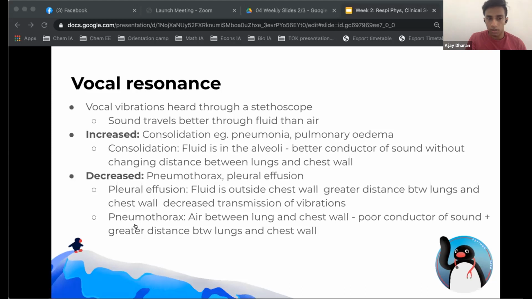Again, air is a poorer conductor of sound, and there's a greater distance between your lungs and your chest wall. So these two are the reasons why there's a decreased vocal resonance. This is key when we try to distinguish different conditions, which I'll be going through next.